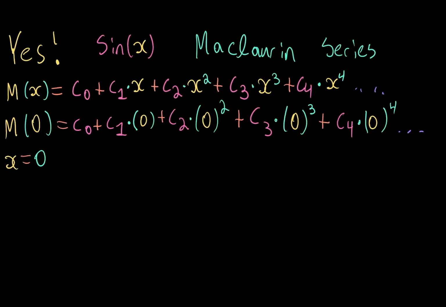You'll notice that c0 isn't attached to an x, but all the other terms are. And anything times 0 is equal to 0. So c1, no matter what number it is, 4 million, 0.456 pi, doesn't matter, that times 0 will always collapse to 0. So all these terms after c0 collapse to 0.